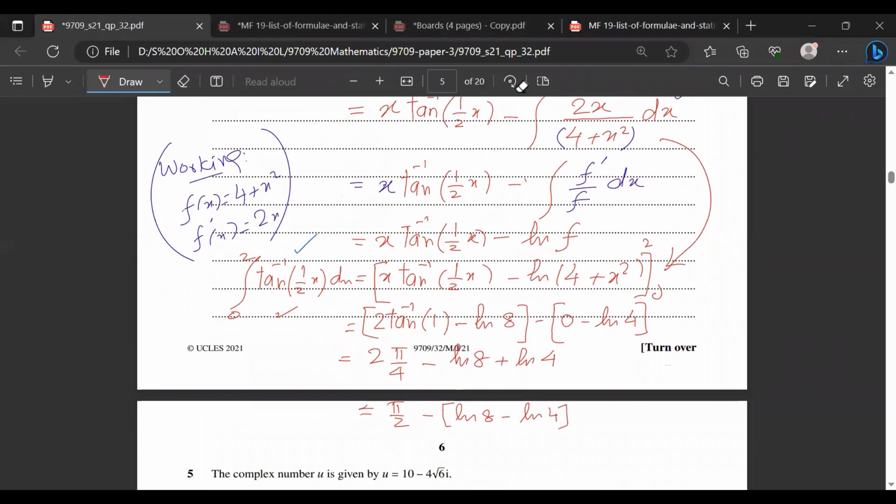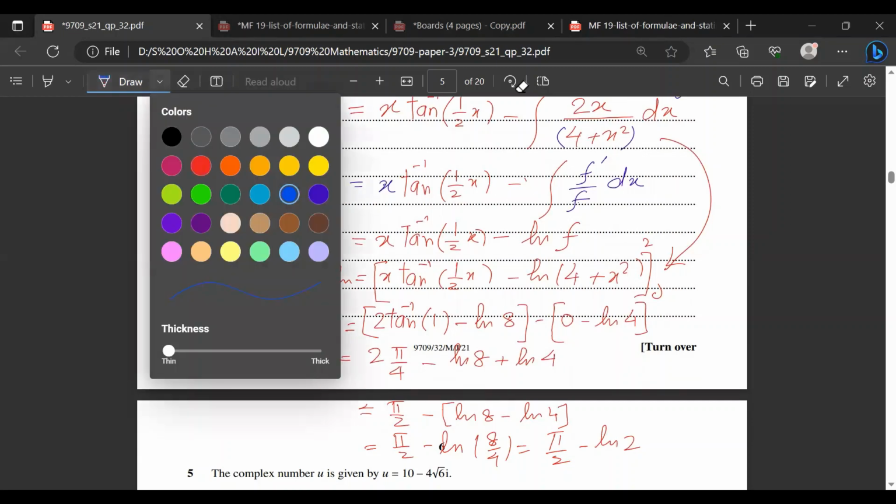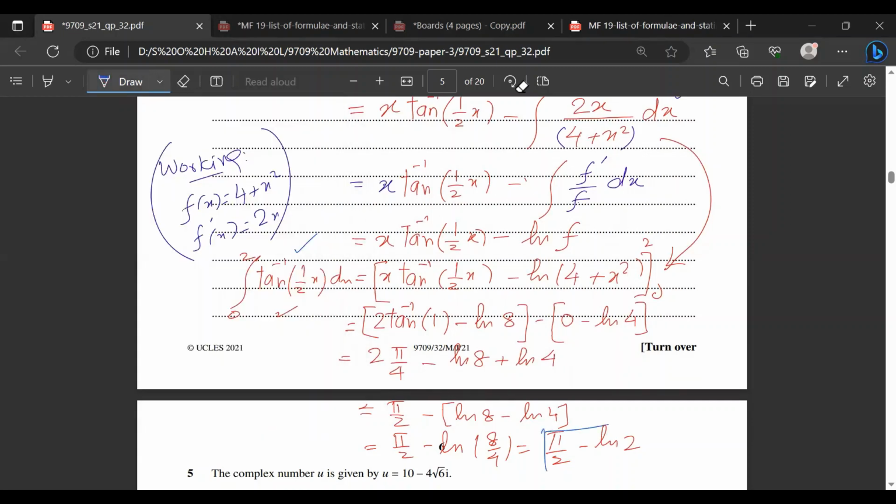Next, you can apply the properties of the log: pi over 2 minus natural log of 8 upon 4. And finally, we have the answer in the simplified, exact form: pi over 2 minus natural log of 2. This is the answer of this definite integral.